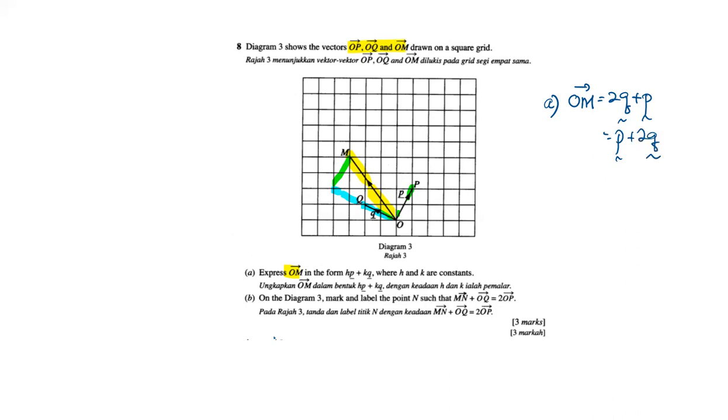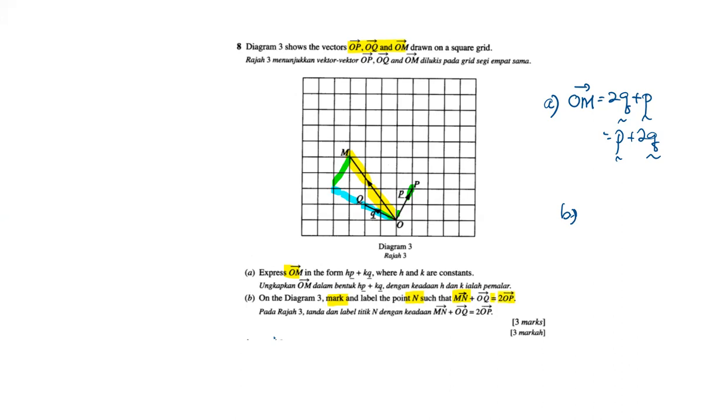Easy. Part B. Mark and label the point N such that MN plus OQ equals 2OP.